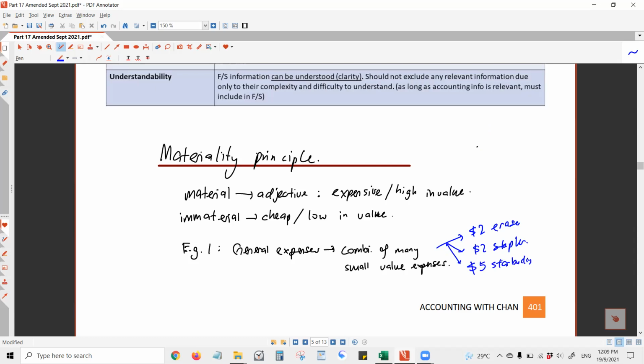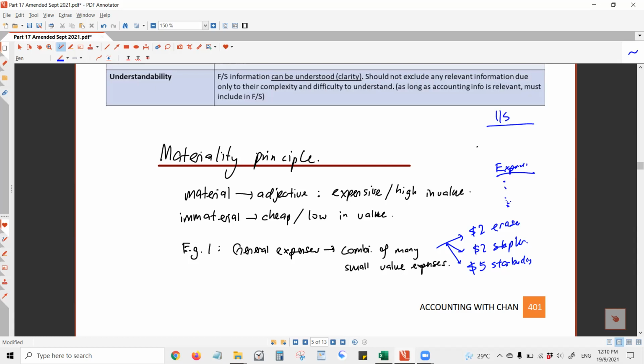Do you think it is worthwhile to show these individually in the income statement? In the expenses section, you would show eraser, stapler, Starbucks individually. It would be a lengthy income statement, right?